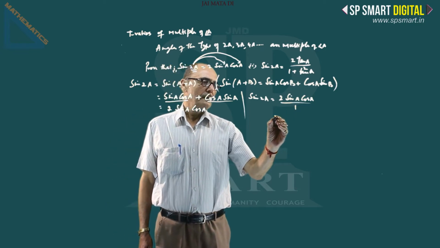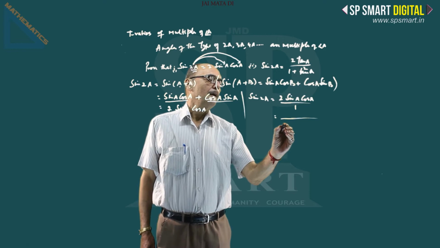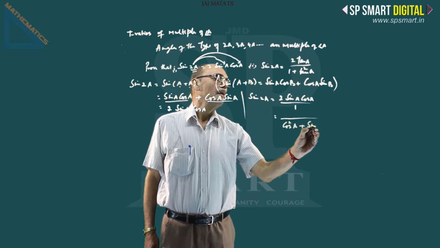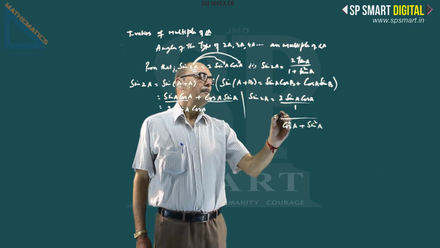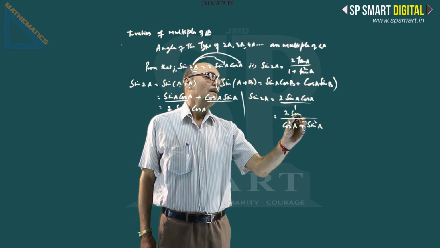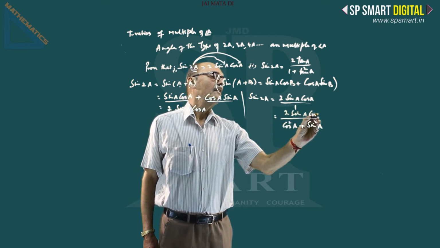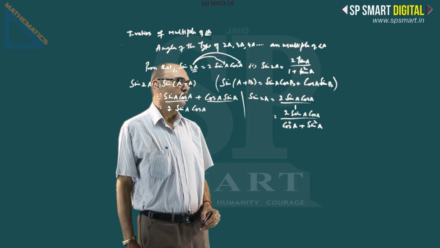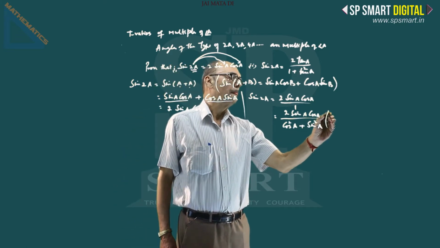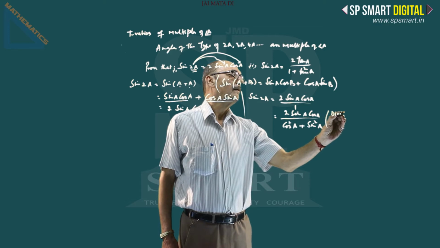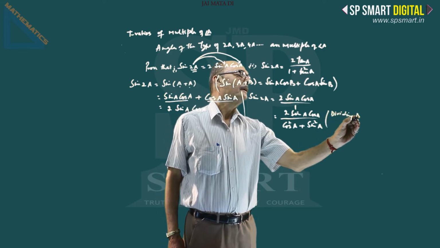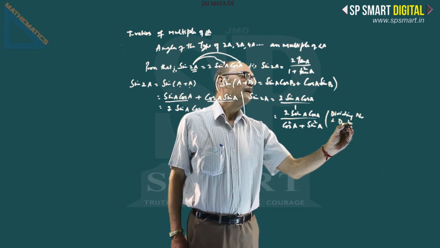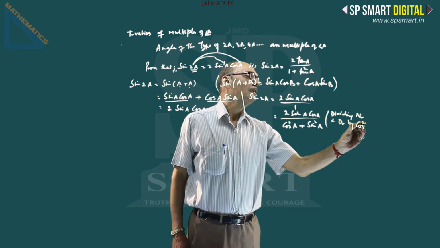Replace this 1 in the denominator by cos square A plus sin square A. Numerator remains the same, 2 sin of A cos of A. Now, to have tan, we should have sin over cos. So, dividing numerator and denominator by cos square A.